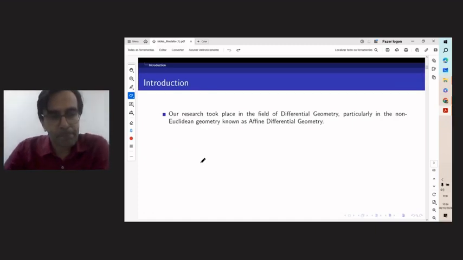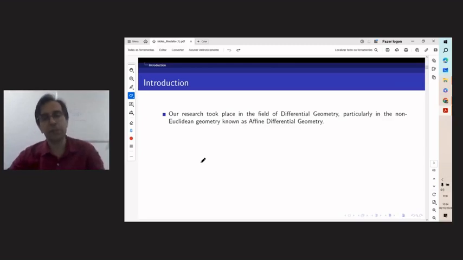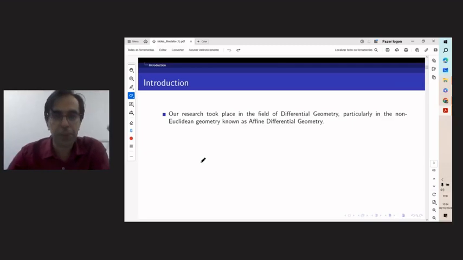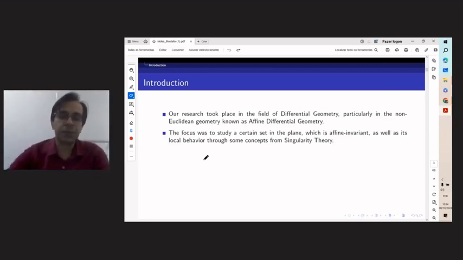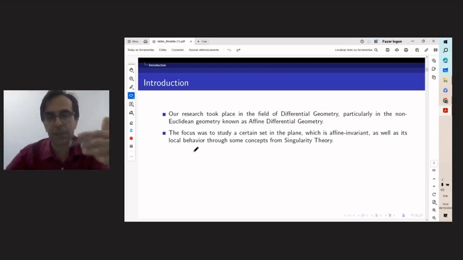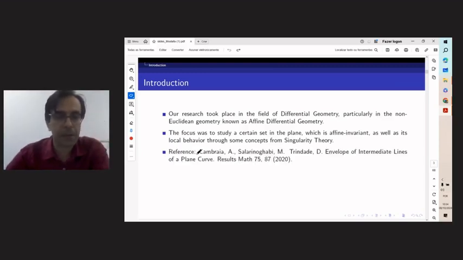Well, our research took place in the field of differential geometry, particularly in the non-Euclidean geometry known as affine differential geometry. Our concentration here is to study a certain set of plane curves which is affine invariant, and it's obvious that we want to study the local behavior of these concepts using some singularity theory.